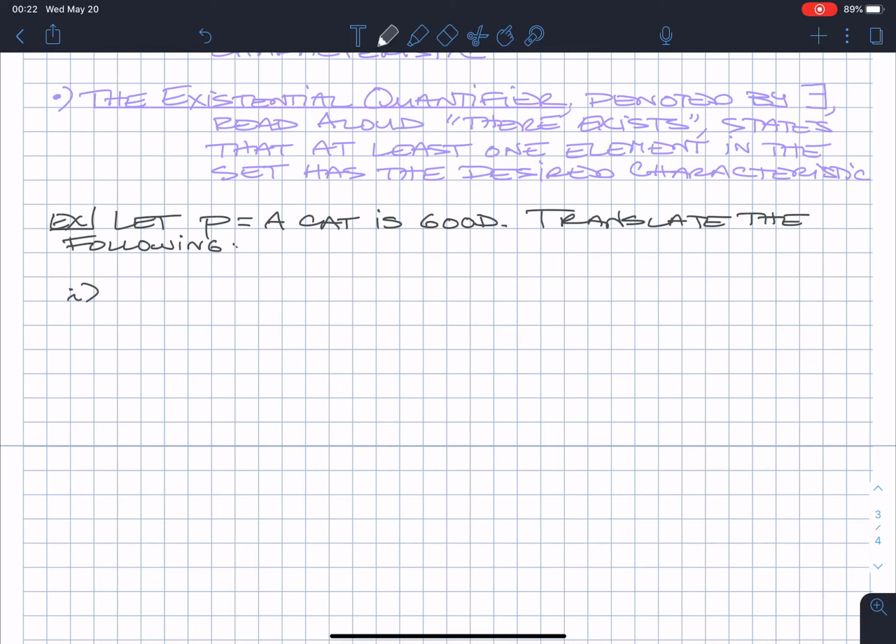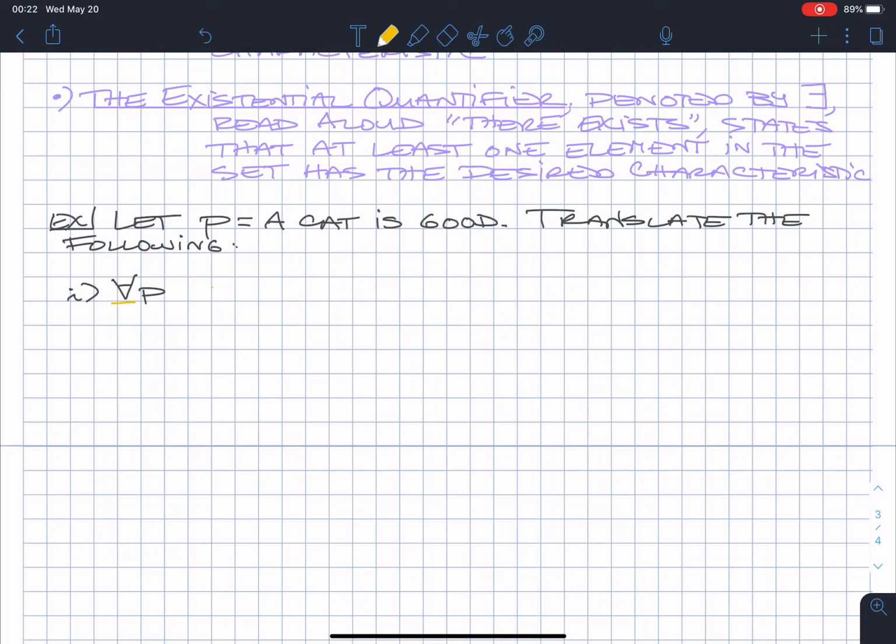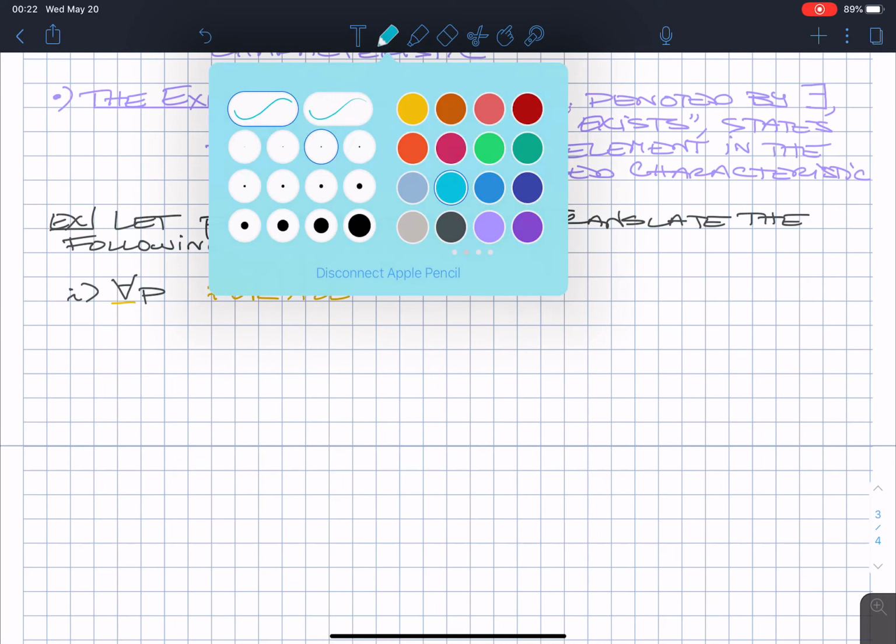Number one, for all P. This is a universal quantifier, this upside down A is for all, and P is a cat is good.